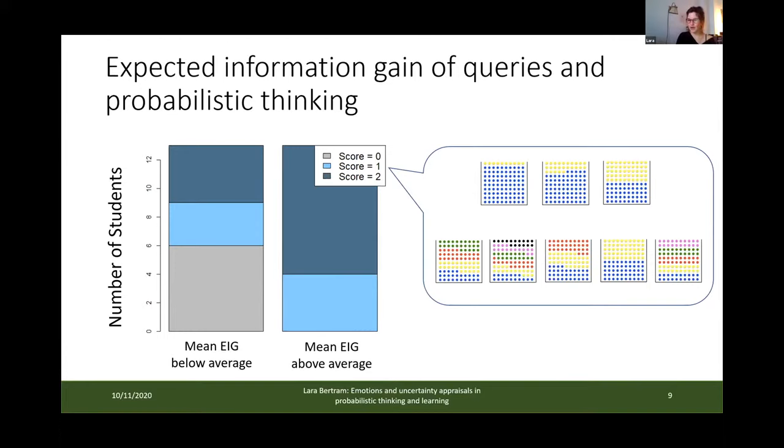good to be aware of the problem that maybe students not knowing so much about probabilities and entropy may also not profit so much from a difficult game, because they can't deal with a very hard game environment, then they experience that the questions they ask don't lead them to cracking the code.